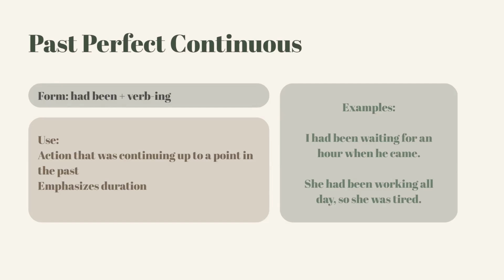Don't worry, don't worry. We use it to tell an action that was continuing up to a point in the past, okay? We use it to emphasize the duration, the time that it takes of an action.